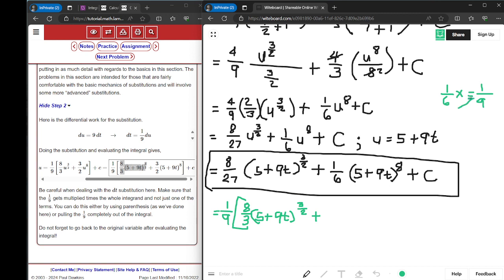So we can cross multiply. So x is equal to 6 over 9, or both are divisible by 3, so what will be left is 2 over 3, which means we have 2 over 3 here times the quantity of 5 plus 9t, quantity raised to power 3 over 2, then it'll have plus c.